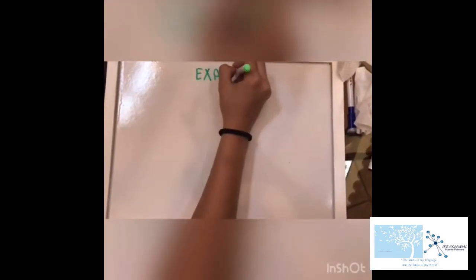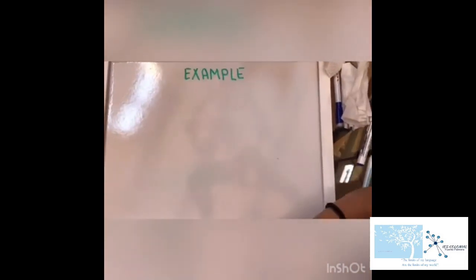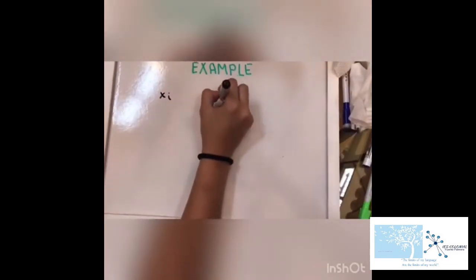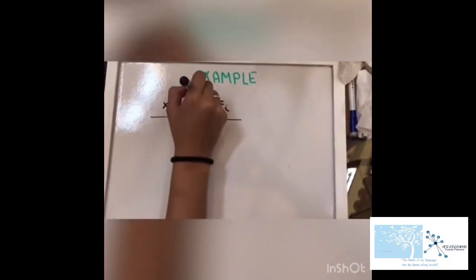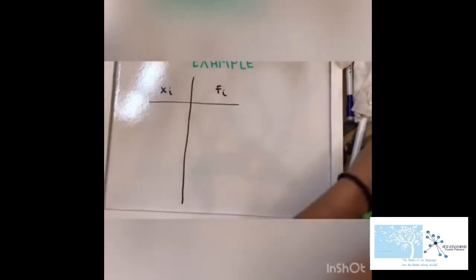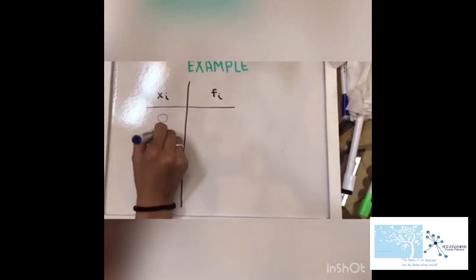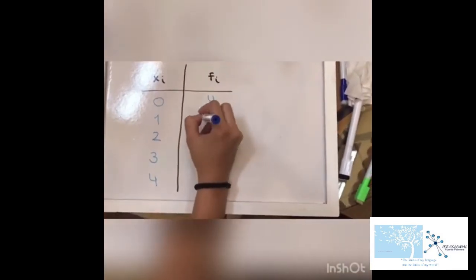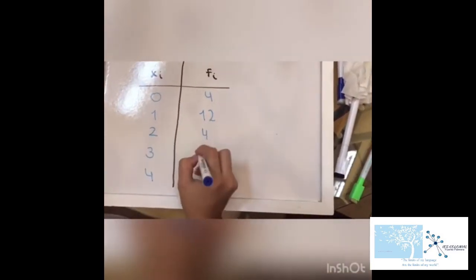First of all, to calculate these statistical parameters, we will need to make a frequency table. For this, we are going to use an example. 25 families in our urbanization have been asked about the number of cars they have. The data is collected in this table.